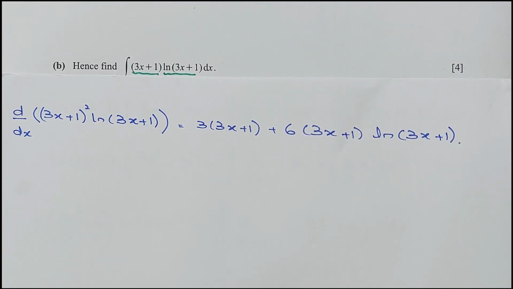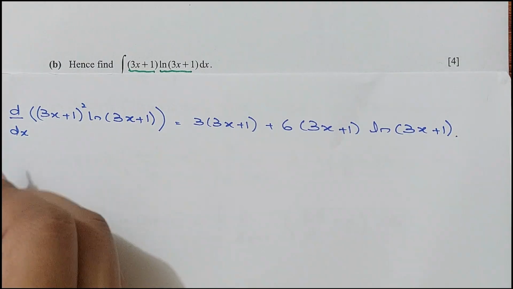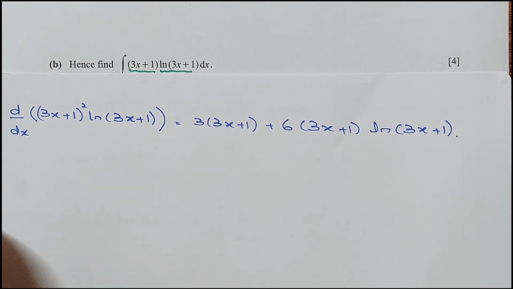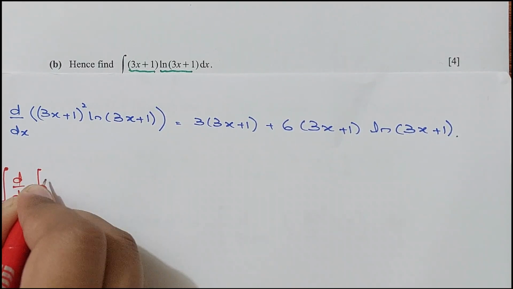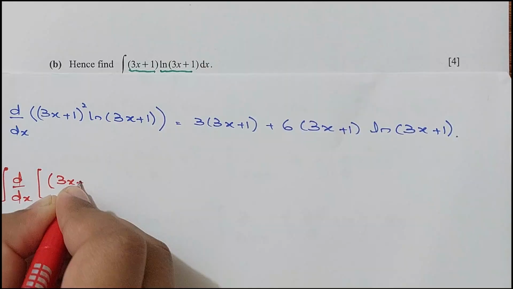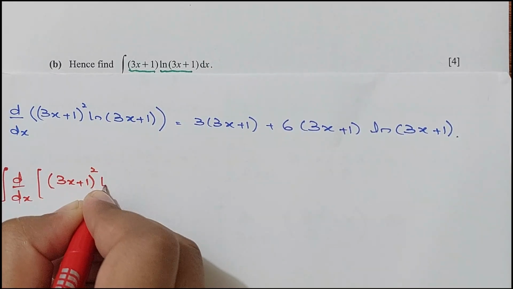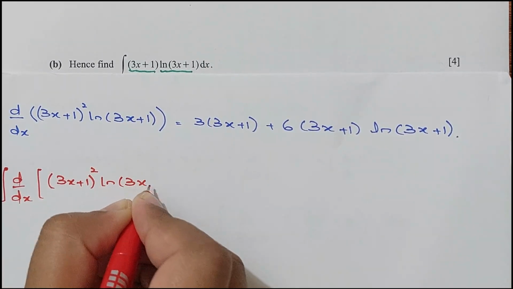So if I do the integration on both sides, let me integrate both sides. That would be integration of the derivative d by dx of 3x plus 1 whole square ln of 3x plus 1.